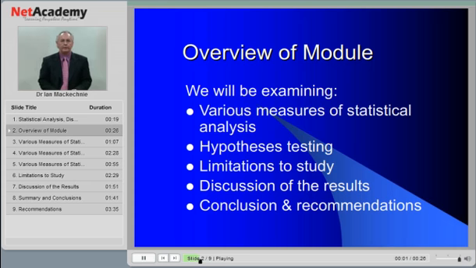In this module we will be briefly examining some of the various important measures of statistical analysis and hypothesis testing. We'll also be looking at the importance of acknowledging limitations to our study, also discussing the results of our data analysis, and from that drawing conclusions and, if need be, recommendations from our study.